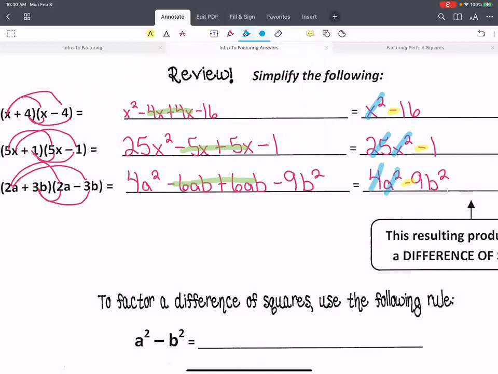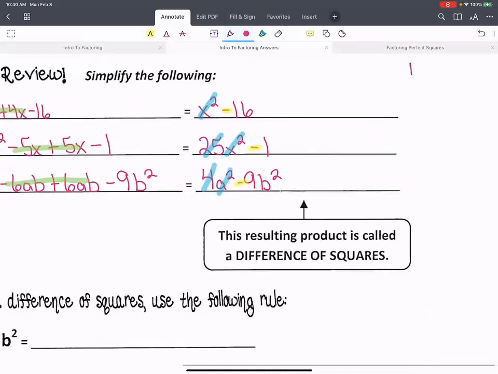Okay. So let me ask you a question. Let's talk about perfect squares a second. Do you remember perfect squares? Perfect squares are numbers. If you take the square root, you get a whole number. So what is 1 times 1? What's 2 times 2?